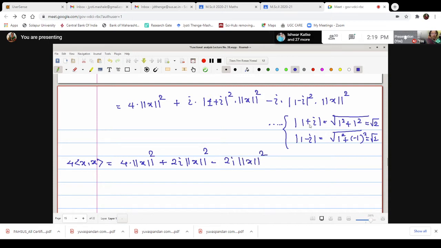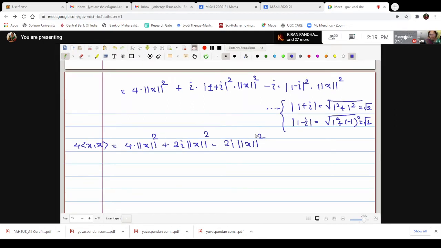Because both the norm values of 1 plus i and 1 minus i are the same, these two will get cancelled and we remain with 4 times inner product x with x is 4 times norm square of x, which actually gives us inner product xx is equal to norm square of x for all x in B.